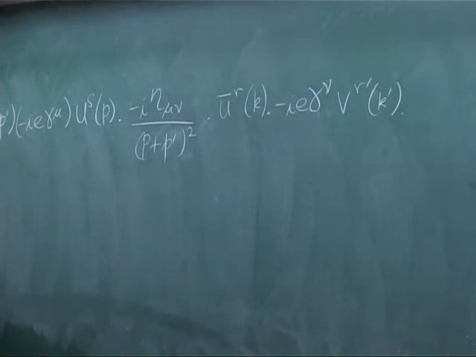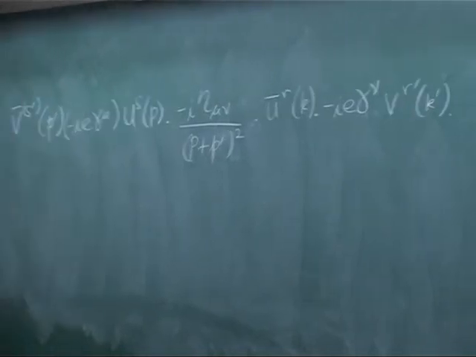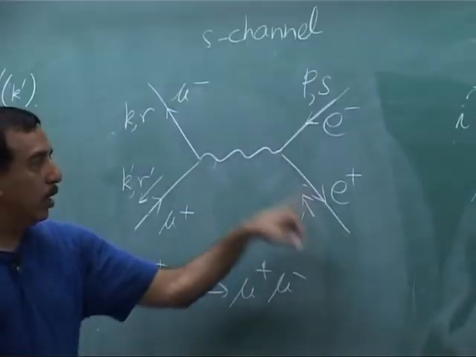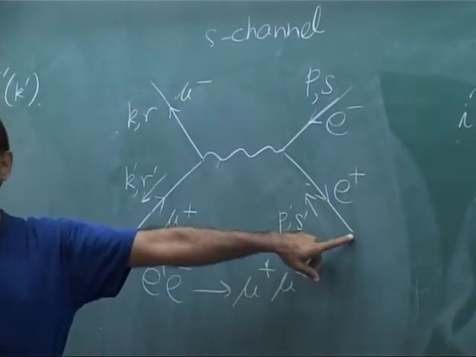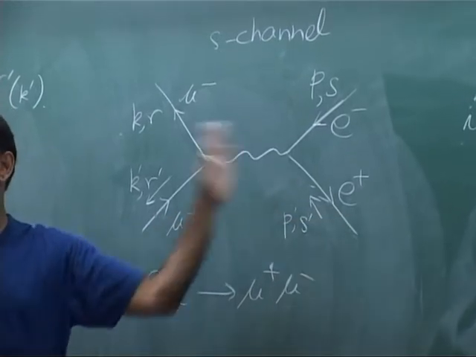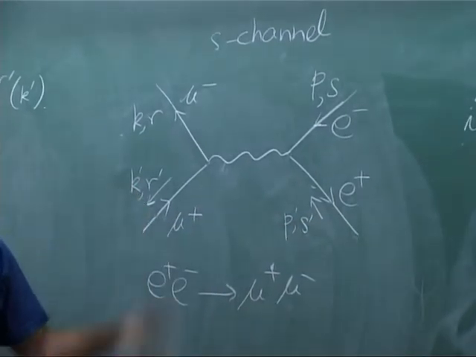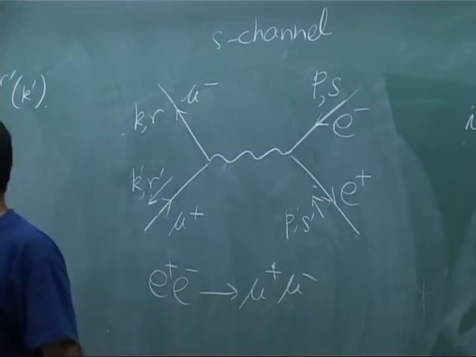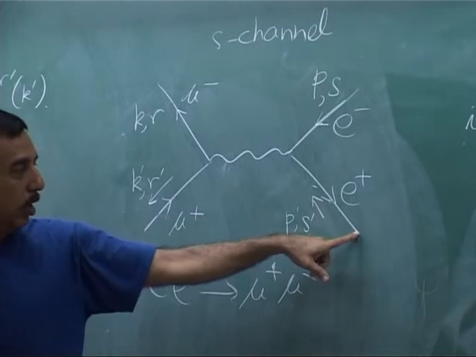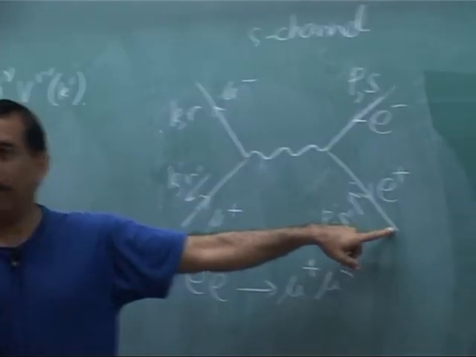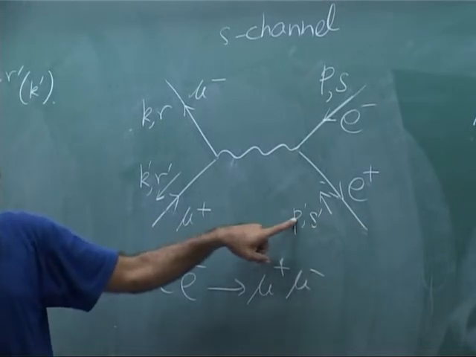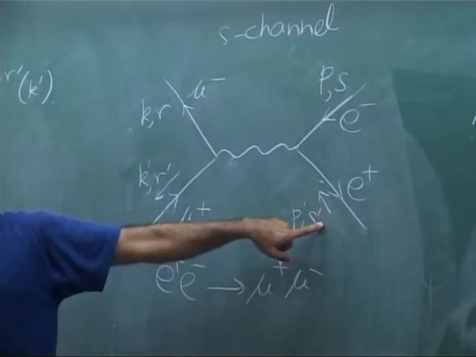And let's see what's the interpretation of this long expression. It says the following. Let's start with the incoming. So we start always with the place where a charge arrow goes out of the diagram. Doesn't matter whether it's on the incoming or outgoing side. We start with that just as a convenience to write down these expressions. So this one is an incoming positron, so it has a v bar of p prime and s prime.